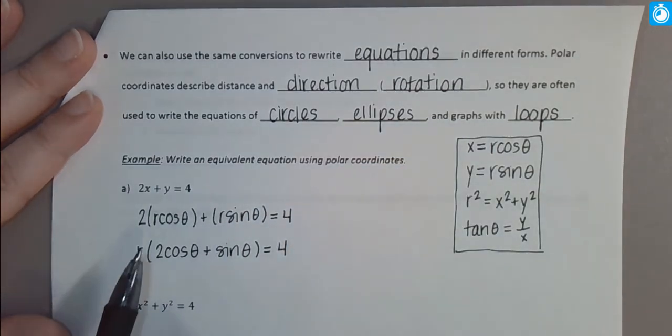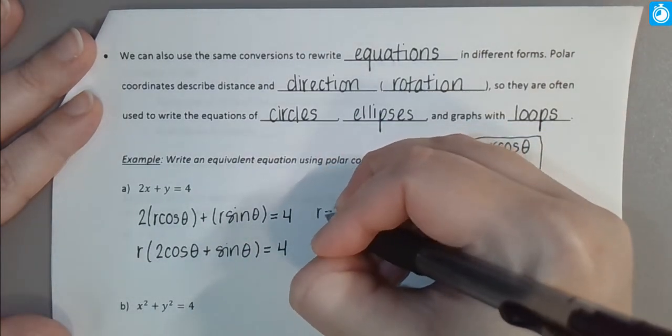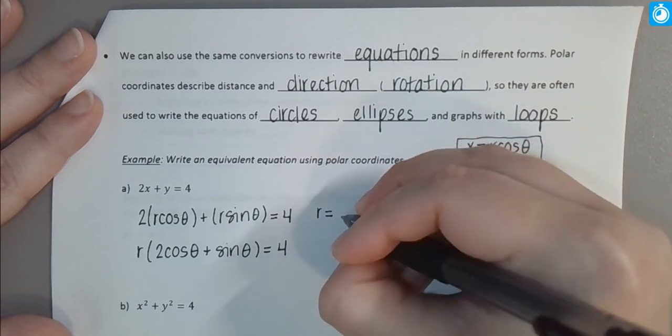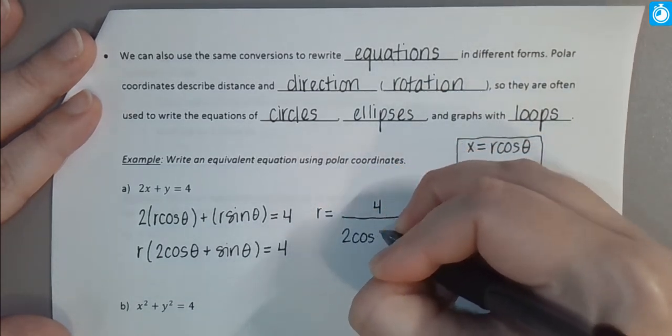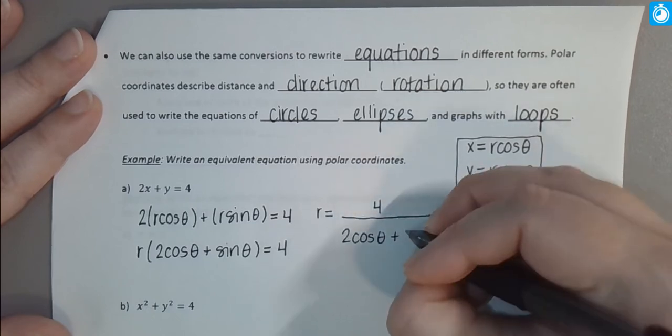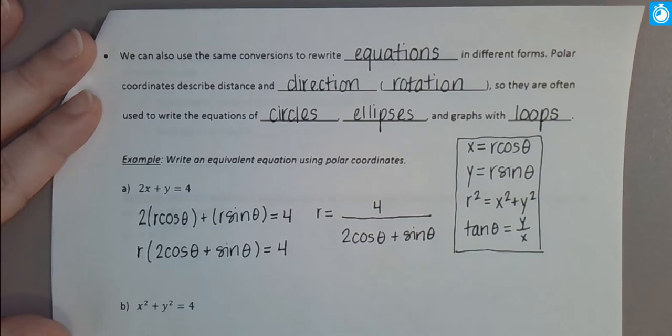The benefit is that now r can be isolated by just dividing out this factor. So I get r is equal to 4 divided by 2 times the cosine of theta plus the sine of theta. That is my equation in polar coordinates once we isolate r.